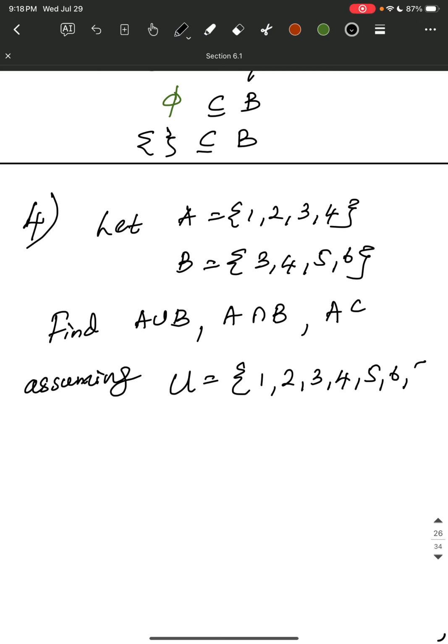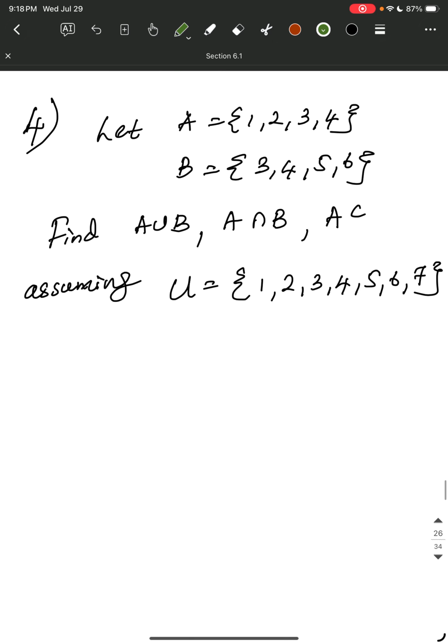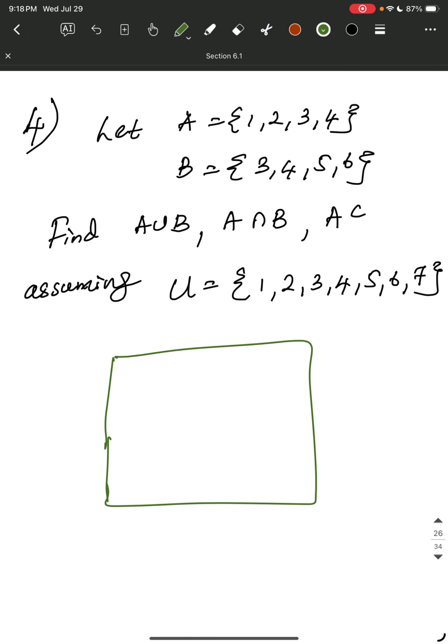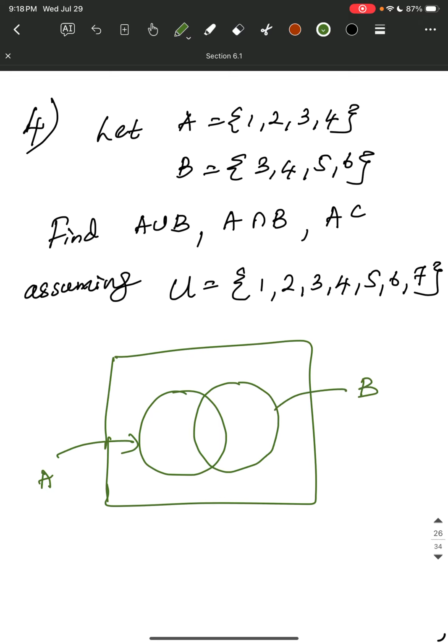Okay. It is easy to draw the Venn diagram to get the answers. The universal set contains numbers 1 up to 7. Set A 1, 2, 3, 4, set B 3, 4, 5, 6. We can see that 3 and 4 are common in both set A and B. Therefore 3, 4, then 1, 2, 5, 6, outside 7.